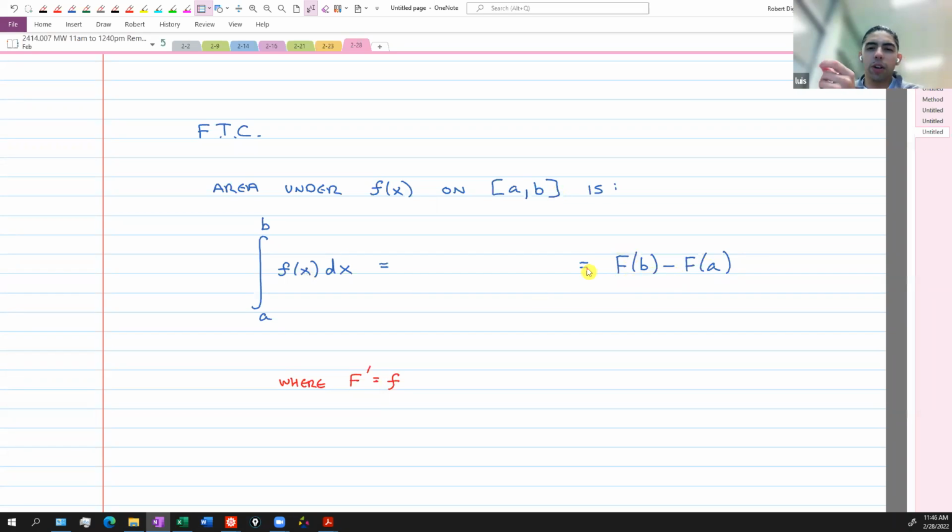Why? Because the limit is already applied inside of the antiderivative. I proved the fundamental theorem of calculus as a third-year math major. The proof of this is beyond the scope of this class. You just have to accept the theorem. It's not an easy theorem to prove, okay? The book does have a proof, but it's not a fun one to go over.